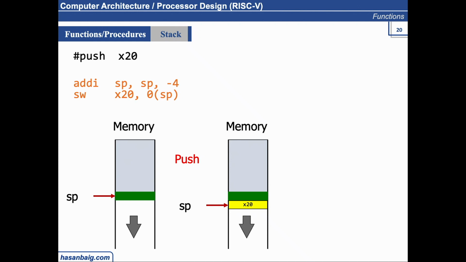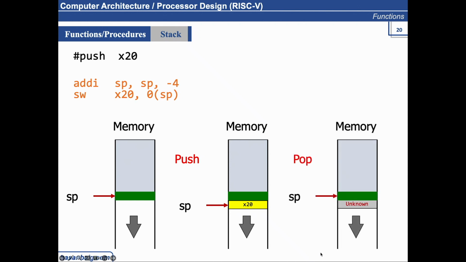So first of all, you read. How do you read the contents from memory to register? We can read with the load word instruction. After loading the word from memory to register, we have to update the pointer SP with the help of addi SP, SP, 4.